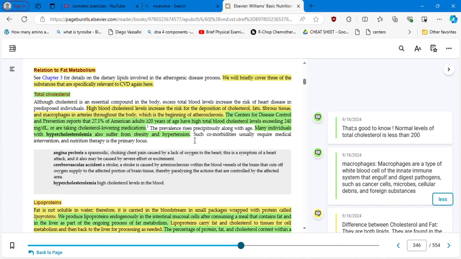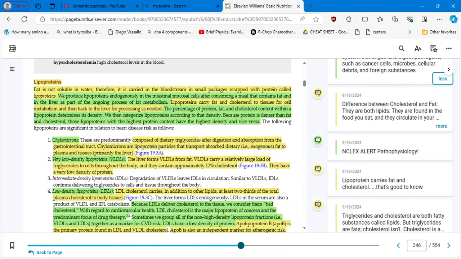Now, lipoproteins. Lipoproteins, okay? Fat is not soluble in water. We know that, right? Therefore, it is carried in the bloodstream in small packages, that means in the vessels, in small packages wrapped with protein called lipoproteins. So you have a little molecule of fat, right? And it is being carried through lipoproteins.